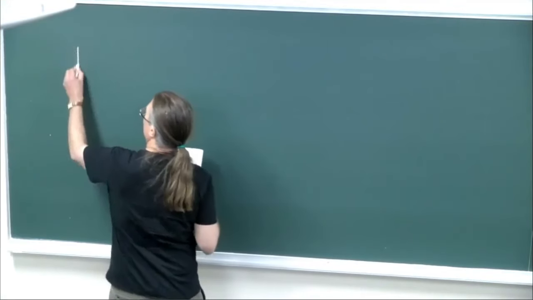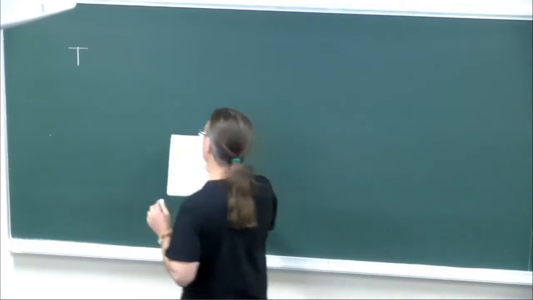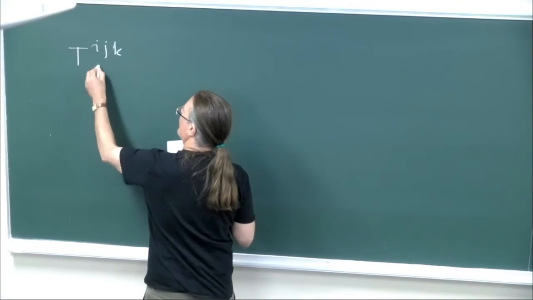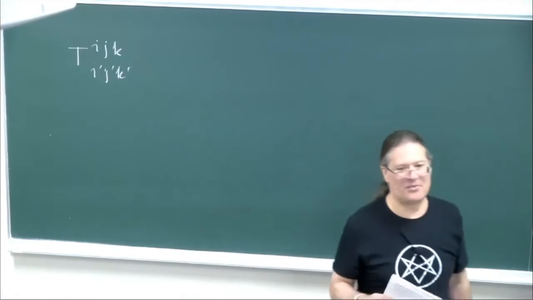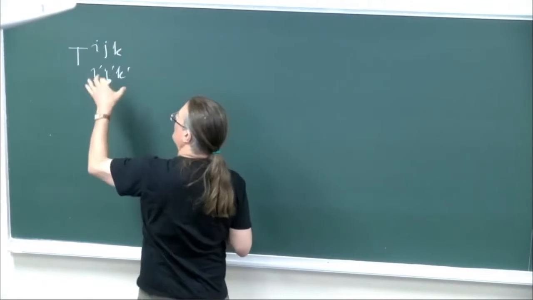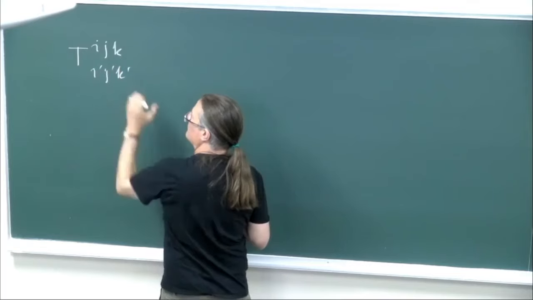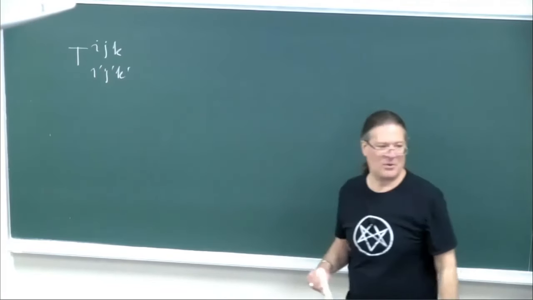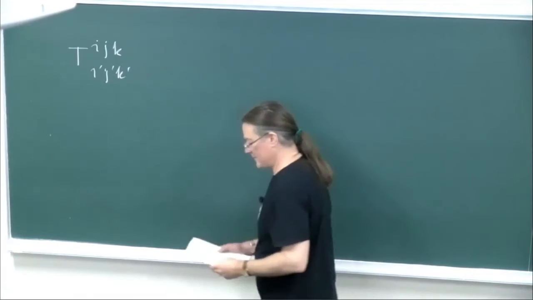So it is this tensor, and partly because I was trained as a physicist, I like to write some of my indices on the top and some on the bottom. This is popular in general relativity, for instance. Think of this as an n cubed by n cubed matrix, where these three things, each of which run from 1 to n, index the rows, and these three things index the columns.